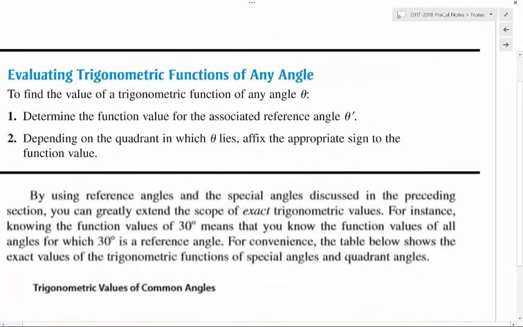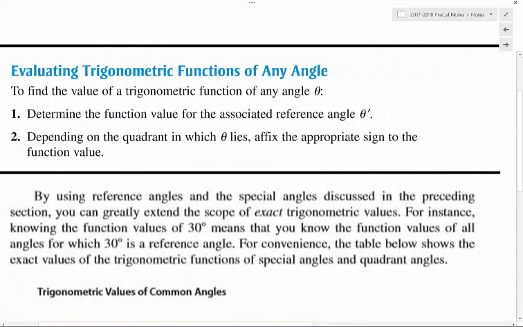To find the trig value of any angle theta, you can determine the value for the reference angle, and then depending on which quadrant theta lies in, you can affix the appropriate sign. By using reference angles and special angles discussed in the preceding section, you can greatly extend the scope of exact trig values.